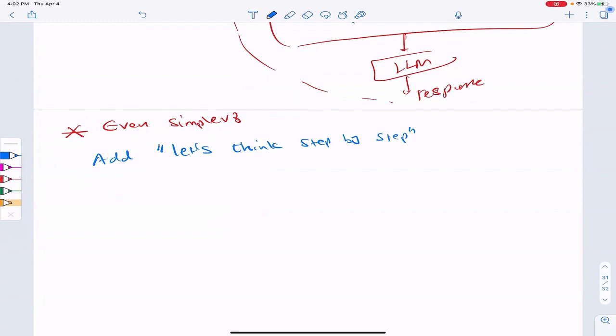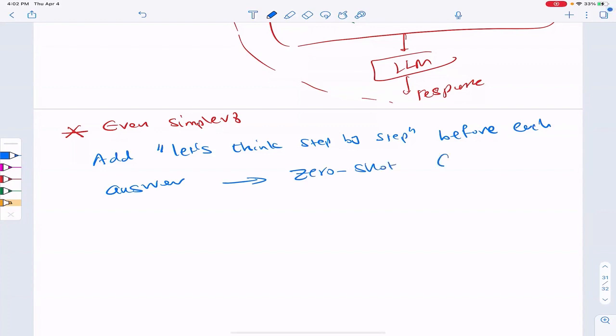Just tell your model to think step by step. This is sometimes called zero-shot chain of thought because you don't actually give any demonstration example anymore. You're just asking your model to think step by step.